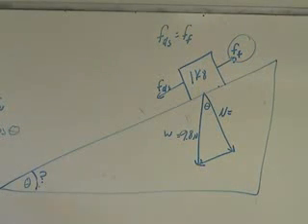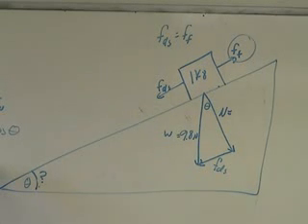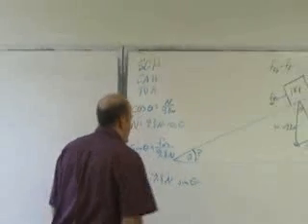Sine of theta is equal to the opposite, so that'd be the force downslope, divided by the hypotenuse, 9.8 newtons. So our FDS is equal to 9.8 newtons times sine of theta.